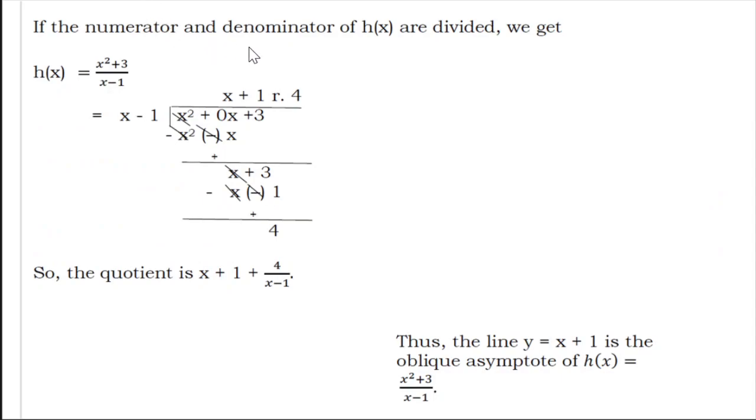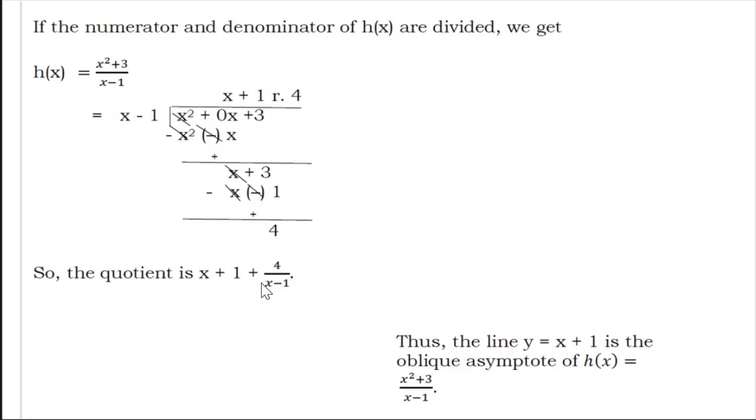Using long division or synthetic division, we have the quotient of x plus 1 plus 4 over x minus 1. So 4 over x minus 1 there is the remainder.